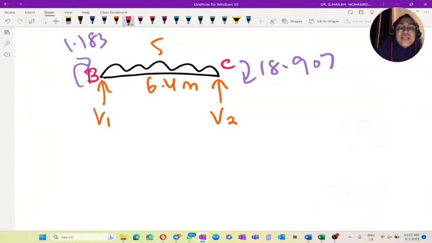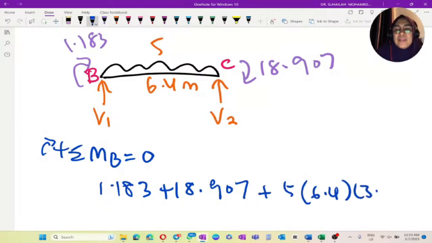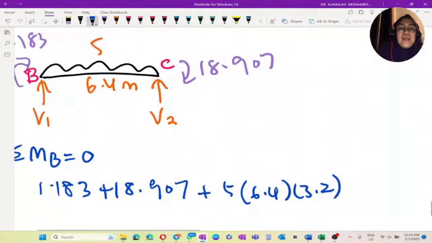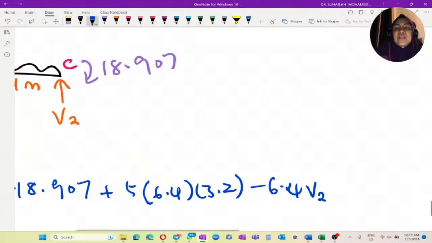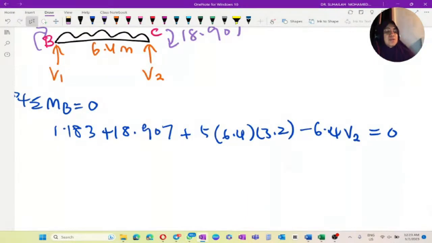Let's take moment at B equal to 0. So it is 1.183 plus 18.907, plus 5 times 6.4 times 3.2, minus 6.4 times V2, equals 0. From this we will get V2.